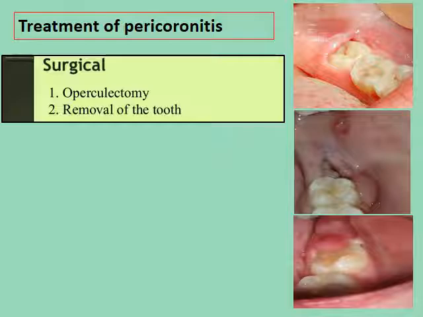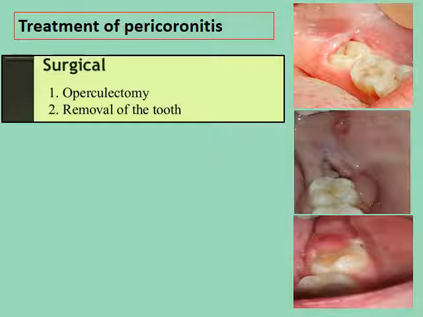Treatment of pericoronitis. We said the first line is conservative; the second line of treatment is surgical. The surgical has two types: either remove the tooth and the problem is finished, or remove the operculum, which is called operculectomy, meaning removal of the operculum.